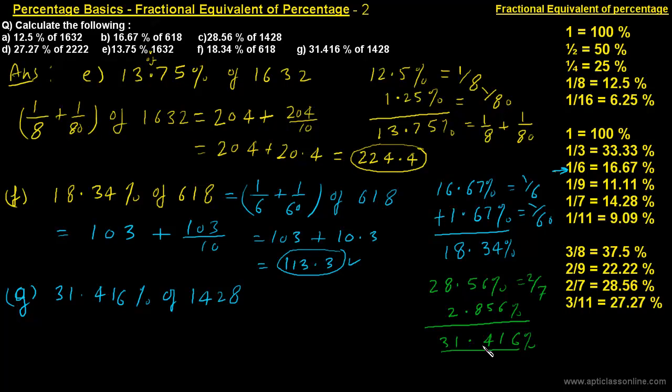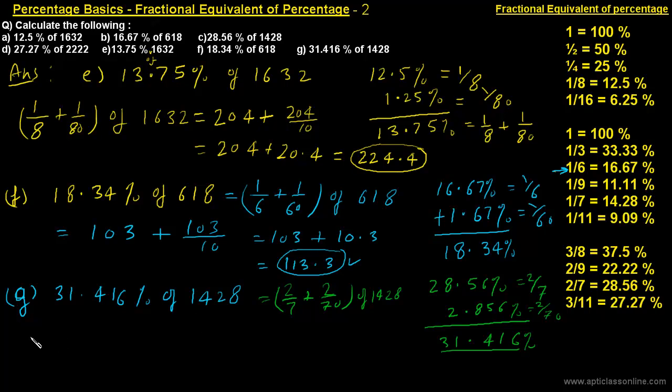So 31.416% comes when we add 2.856% to 28.56%. Basically this is 2 by 70. So this is nothing but 2 by 7 plus 2 by 70 of 1428. Now the problem is very easy.